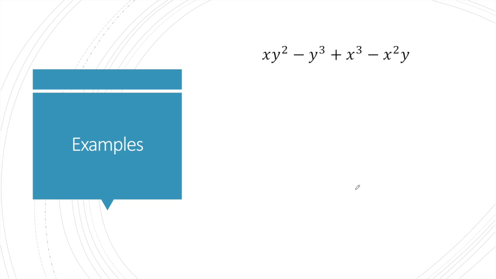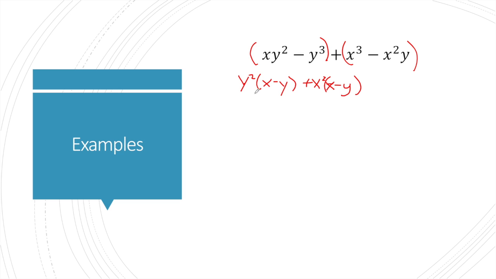All right, this next example has 4 terms. I'm going to go ahead and factor by grouping. So we put our grouping symbols around. The greatest common factor of xy squared and y cubed is going to be y squared. The greatest common factor of x cubed and negative x squared y is going to be x squared times x minus y.